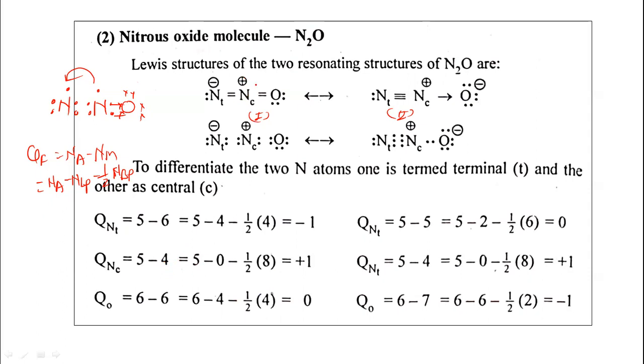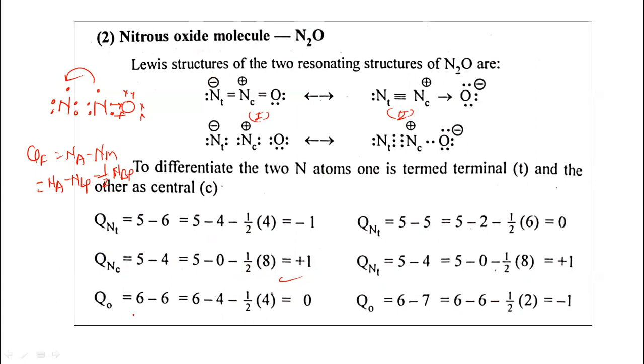Here you can see no lone pair electron is there, so 0, minus 1 by 2 times the number of bonding pair electrons. This side has 2 bonds and this side also has 2 bonds, so the number of bonding pair electrons is 4 plus 4, which is 8. Half of it is 4, so 5 minus 4 is plus 1. In this way we can calculate the formal charge on the central nitrogen atom.